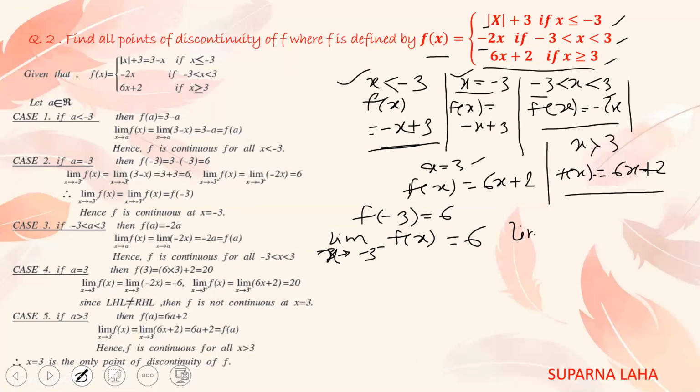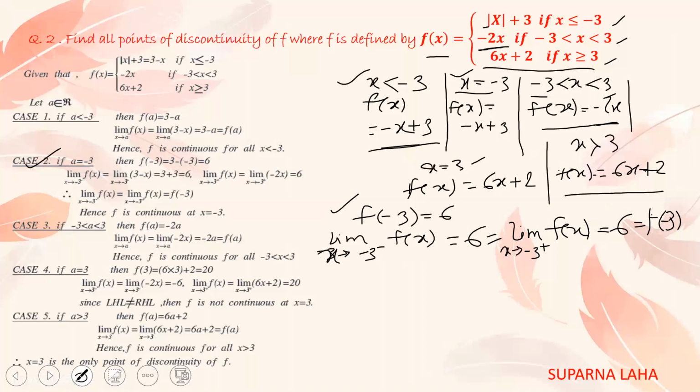And what is the right hand limit? Limit x tends to minus 3 plus f of x. It is minus 2x. Here the definition is given. So minus 2 into minus 3, that is again 6. So the left hand limit and right hand limit are equal to the value of the function. Hence we can say the function is continuous at x equals minus 3.